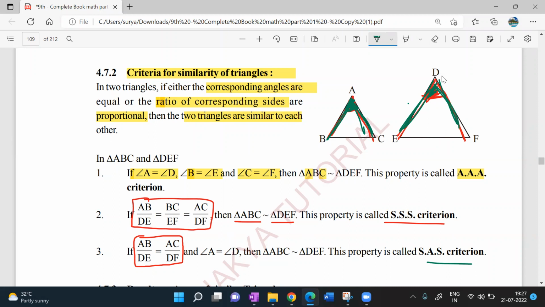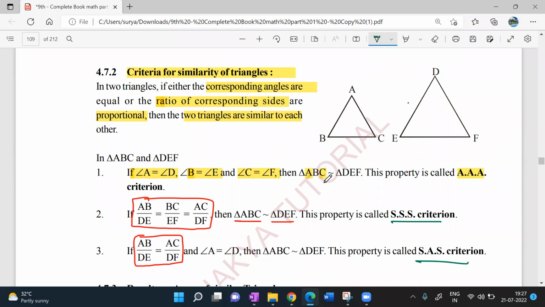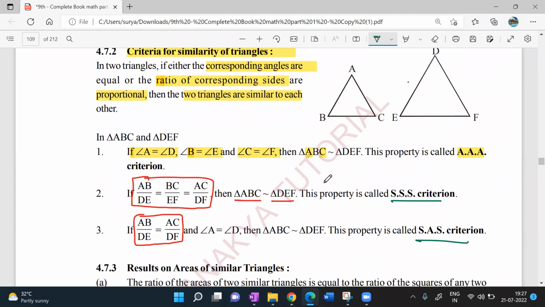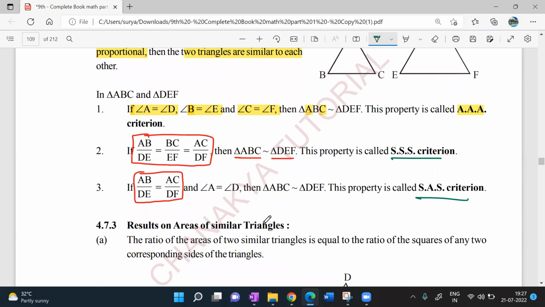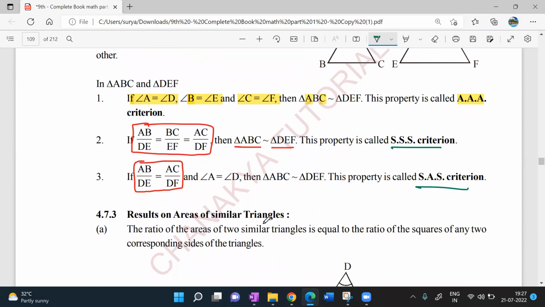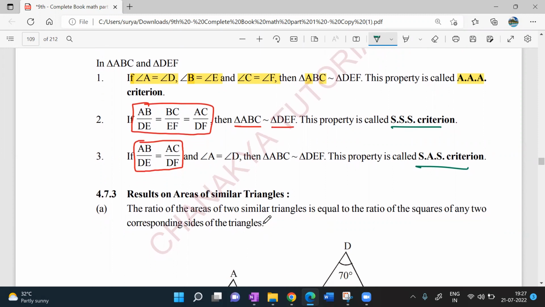Understand my point? What is the side, angle, side criterion? AB by DE equals AC by DF, two sides, and the angle in between them is equal. Yes, sir. This is not like congruence. Exactly, right.